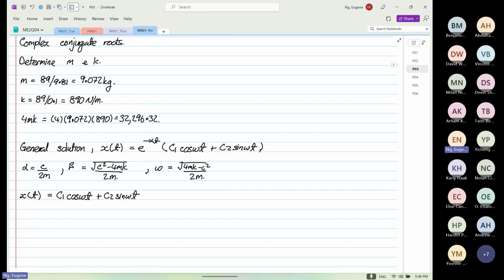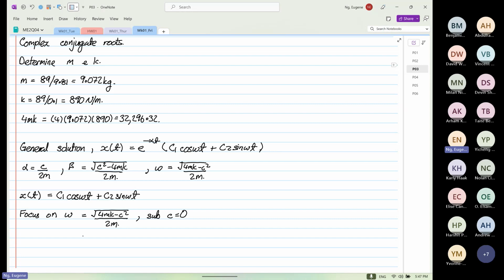Now, we are going to focus on omega, which is equal to the square root of 4mk minus c squared, divided by 2m. For our case, we're going to substitute c equal to 0 because in our example the damping is equal to 0.